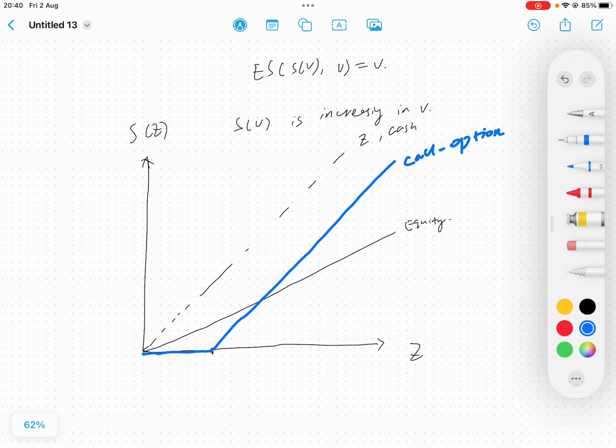And for the debt, under the face value D, we have a 45-degree line, up to somewhere here, and after that it's just a flat straight line. This is that.